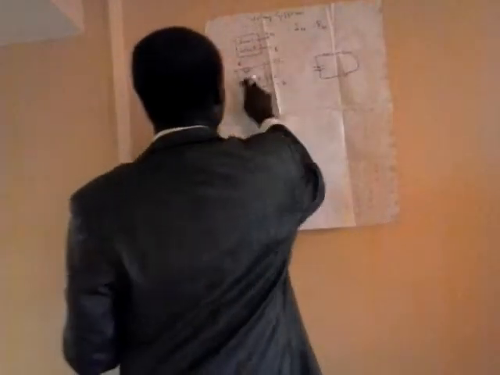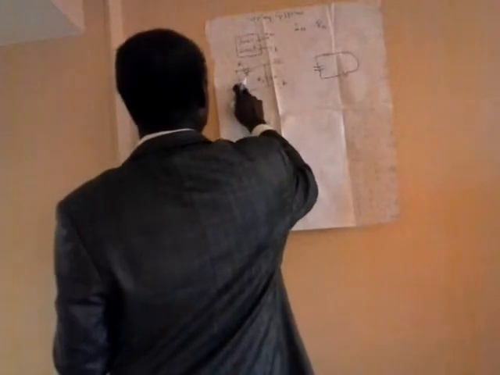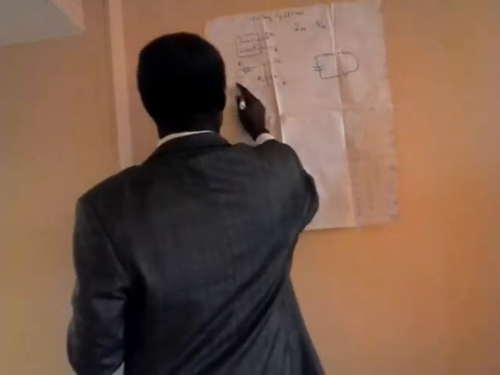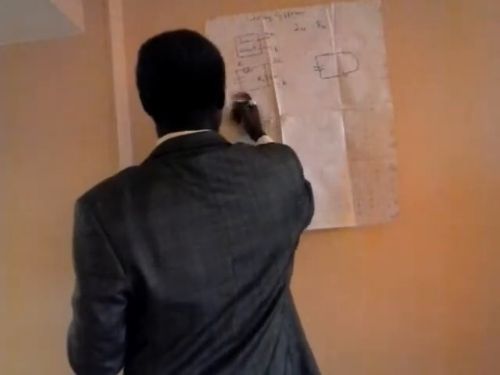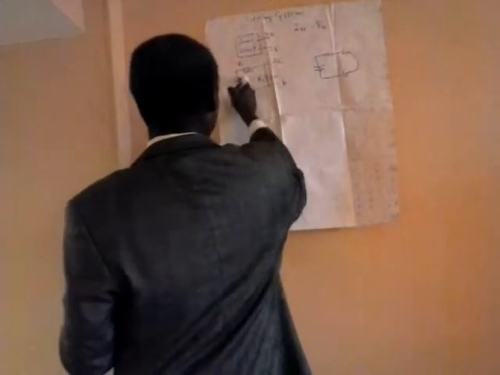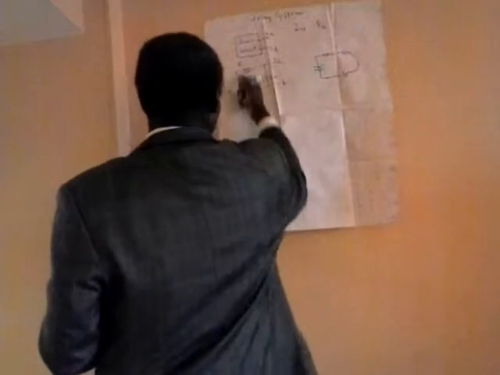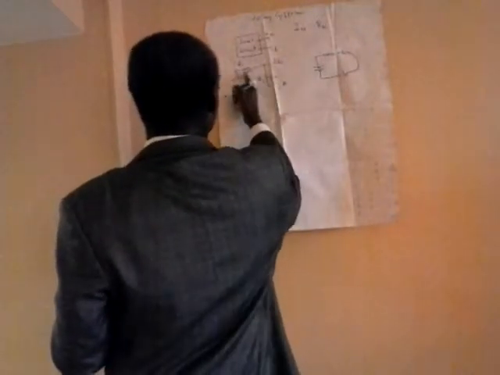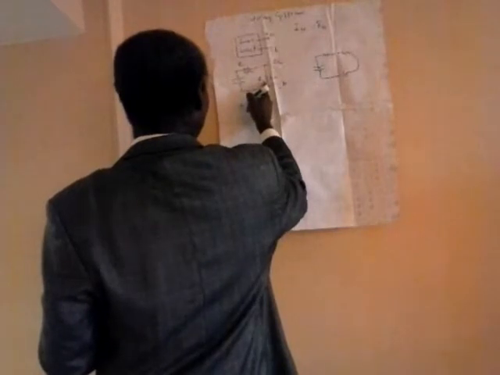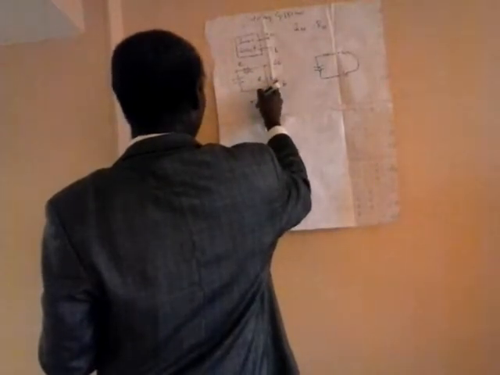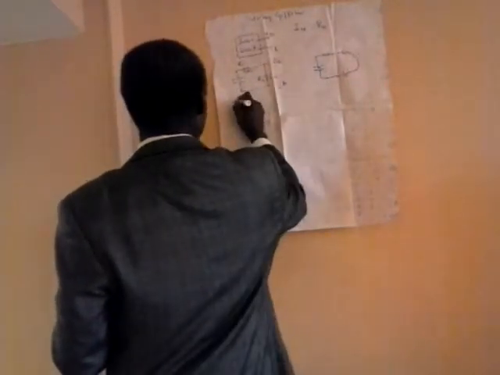We find R Norton by short circuiting the voltage source. If we short circuit the voltage source, in our mind, draw a straight line through it, the 4 ohms will be in parallel with the 6 ohms, and that equivalent will be R Norton.